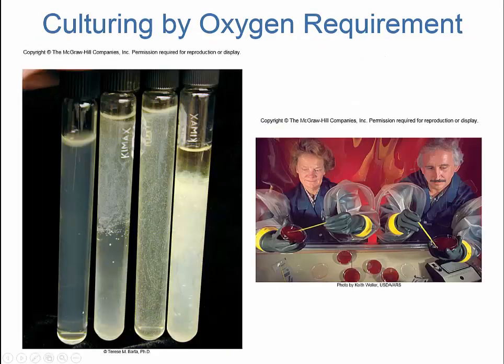So here's an example of a distinct condition where various microbes have been grown. You can see here to the left, most of the bacteria has moved to the top of the tube. So what type of oxygen requirement would you suggest that this microbe has?